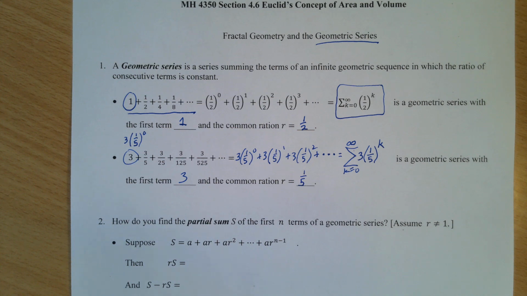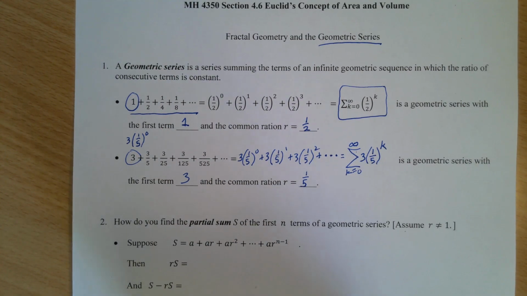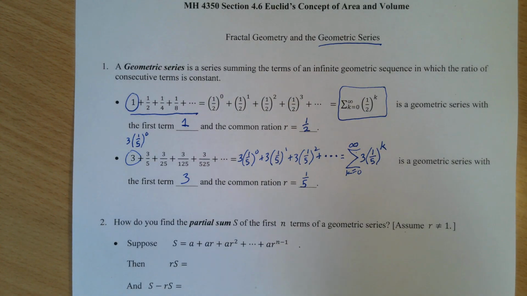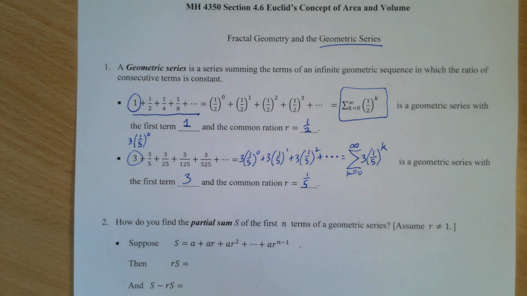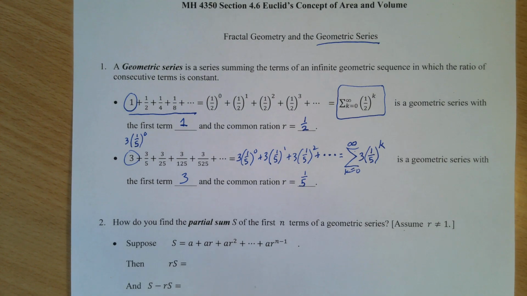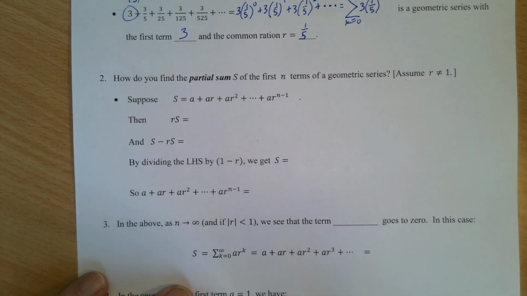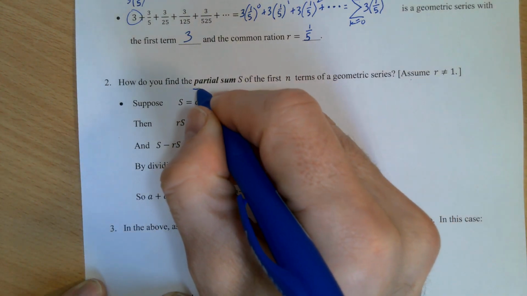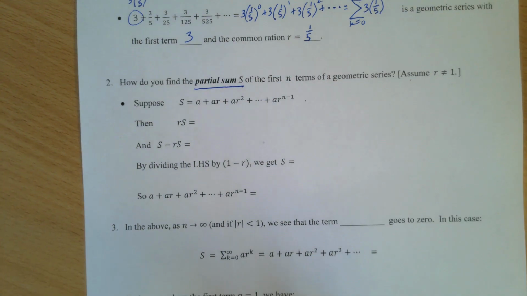Well, we're going to be interested in finding out what the infinite sum is equal to. Again, you've probably done that in calculus, but if not, we will figure out how to sum up an infinite series. Now, before we do an infinite series, we're going to sum a finite series, a finite number of terms that we call a partial sum.